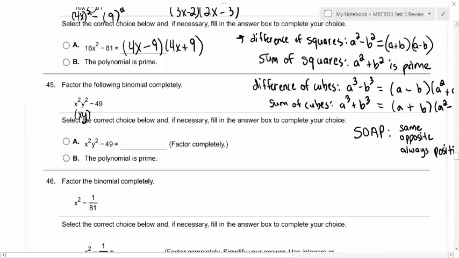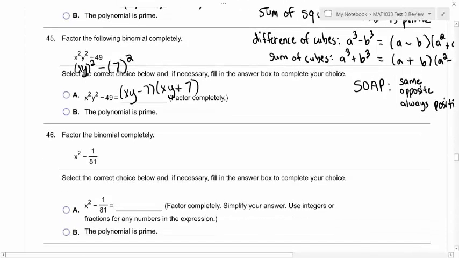And then for the second term? It'd be 7. So then how would this factor? So it would be xy minus 7 and xy plus 7. Very good. How can you check these problems, by the way? FOIL. FOIL, exactly. Still works every time. Good.